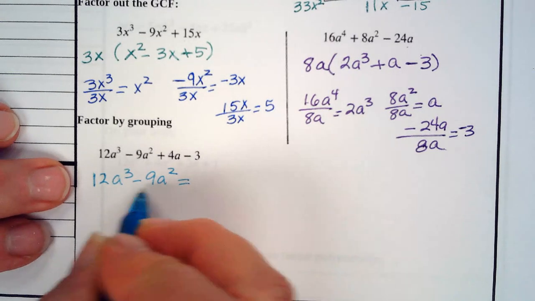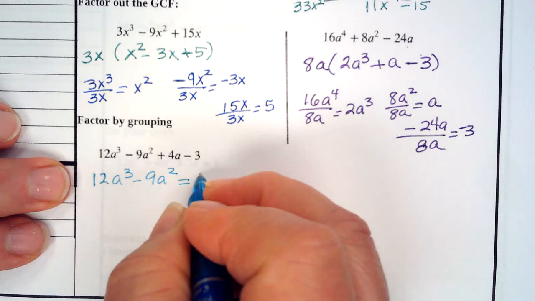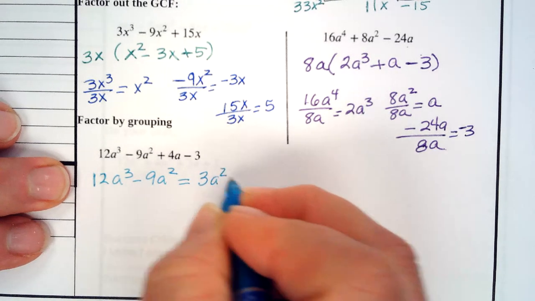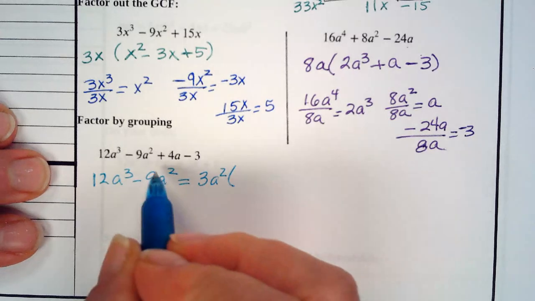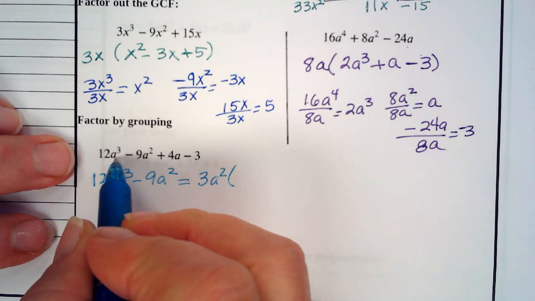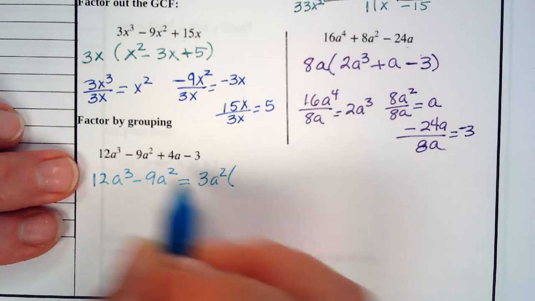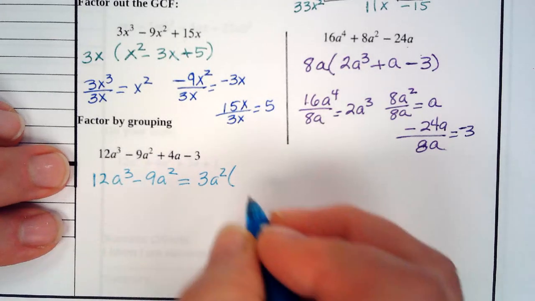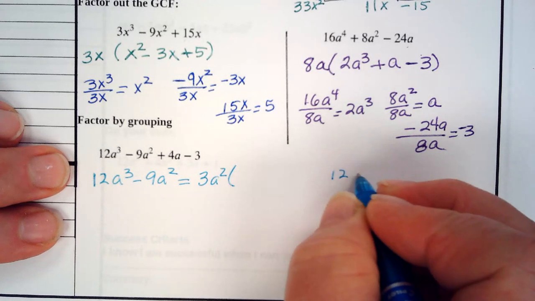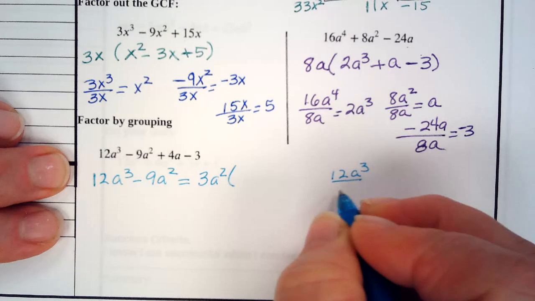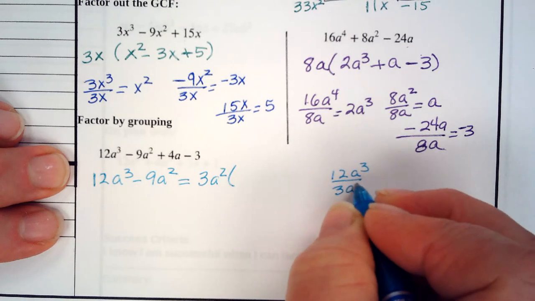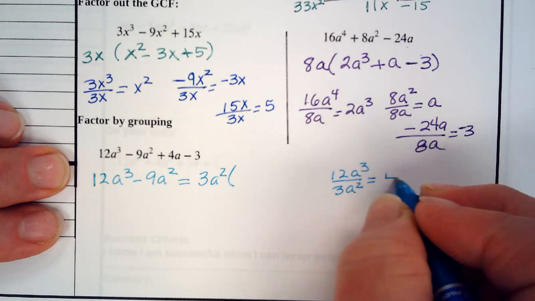Both of them have a factor of 3a squared. 12a to the third divided by 3a squared is 4a.